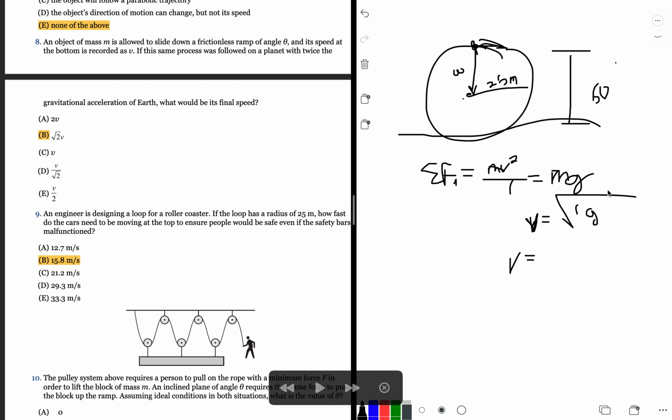Because if they're moving any slower, they'll basically just fall off, because the weight of them will stay the same and the radius will stay the same.